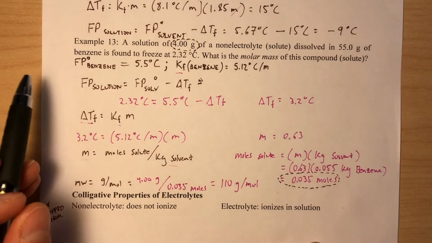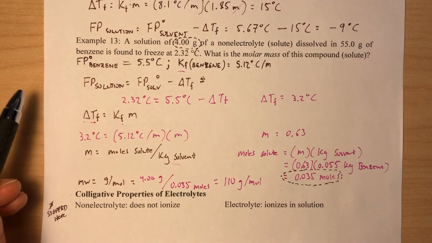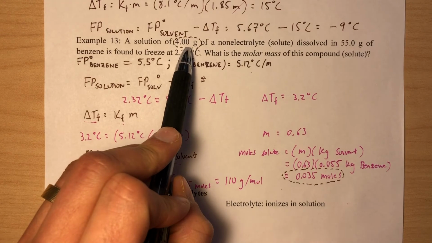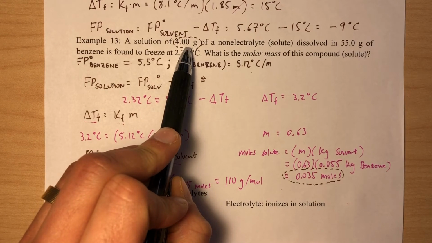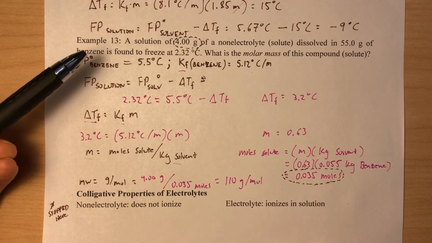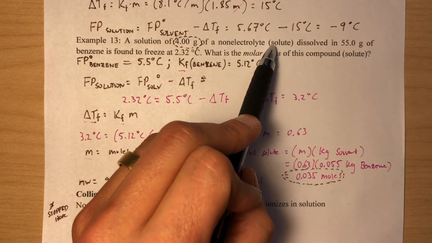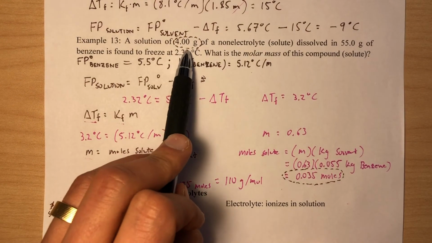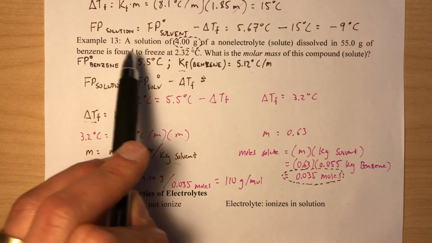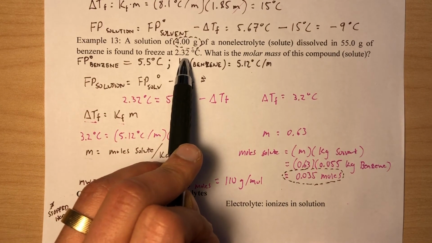In the next problem, this is more of what you would actually see in a laboratory setting, where you have some amount of solute and what you're observing is a change in freezing point. And you're going to back calculate and figure out what is the molecular weight of this unknown solute. So we have a solution that's 4 grams of solute dissolved in 55 grams of benzene, and it is observed to freeze at 2.32 degrees Celsius.